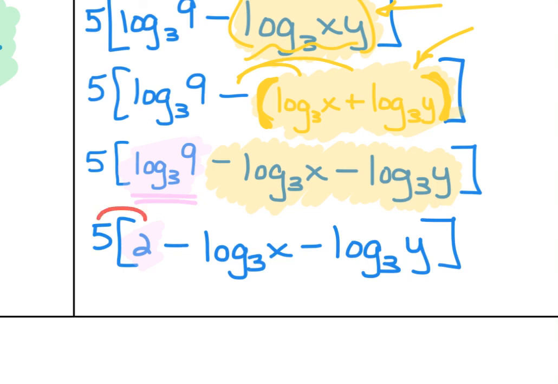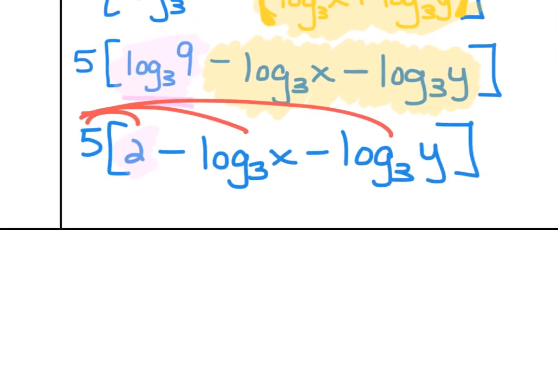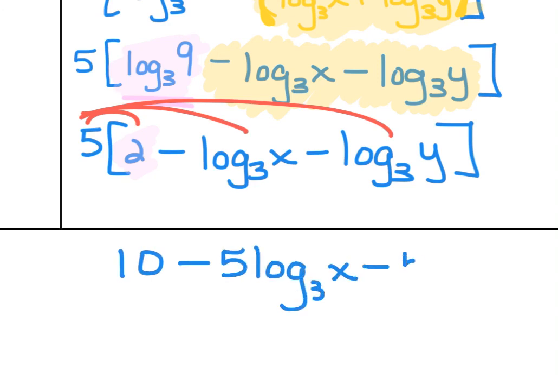And then the last step, I have to distribute the 5. And so I end up with 5 times 2 is 10 minus 5 log base 3 of x minus 5 log base 3 of y.